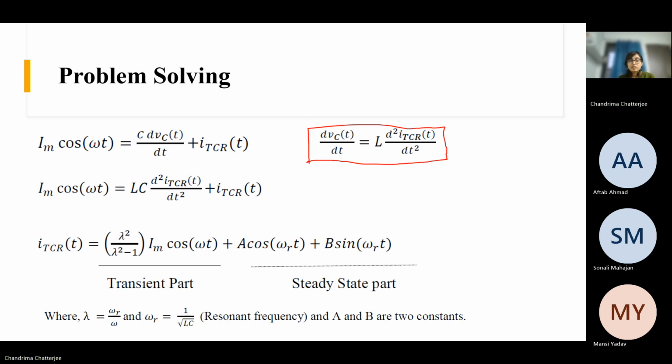Now again come back to this KCL equation where the line current was the sum of the capacitor current and the inductor current. This is the inductor current, this is the capacitor current, this is the line current. And instead of dVct by dt, you write this portion.